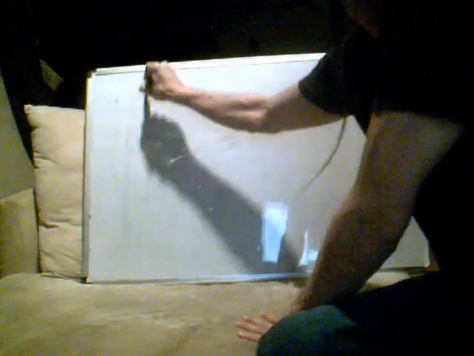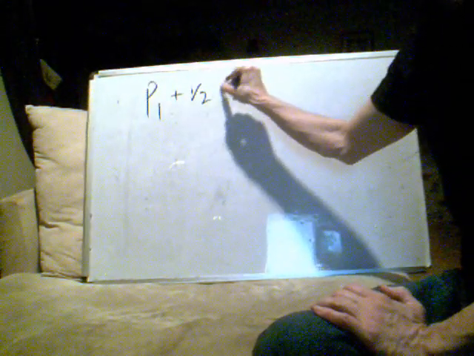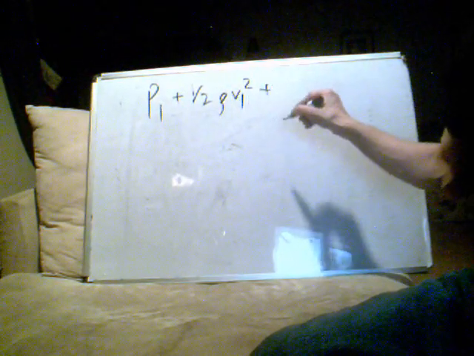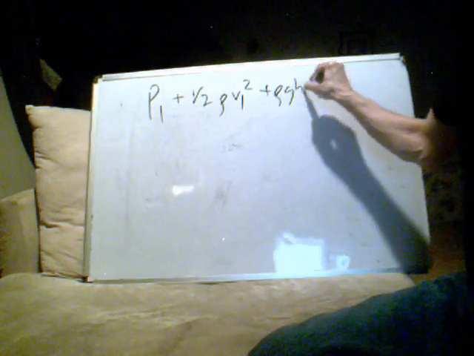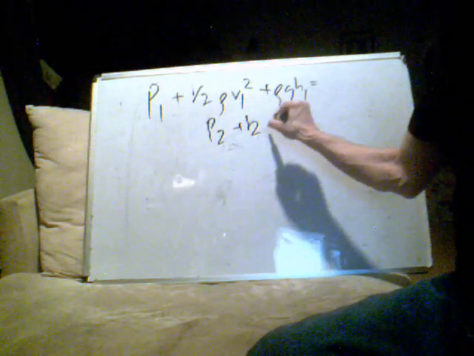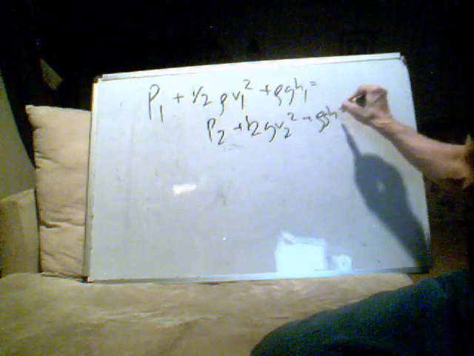Let's talk really quickly about Bernoulli's principle and what it means. Bernoulli's principle says something like pressure 1 plus 1/2 rho V1 squared plus rho G H1 is equal to pressure 2 plus 1/2 rho V2 squared plus rho G H2.